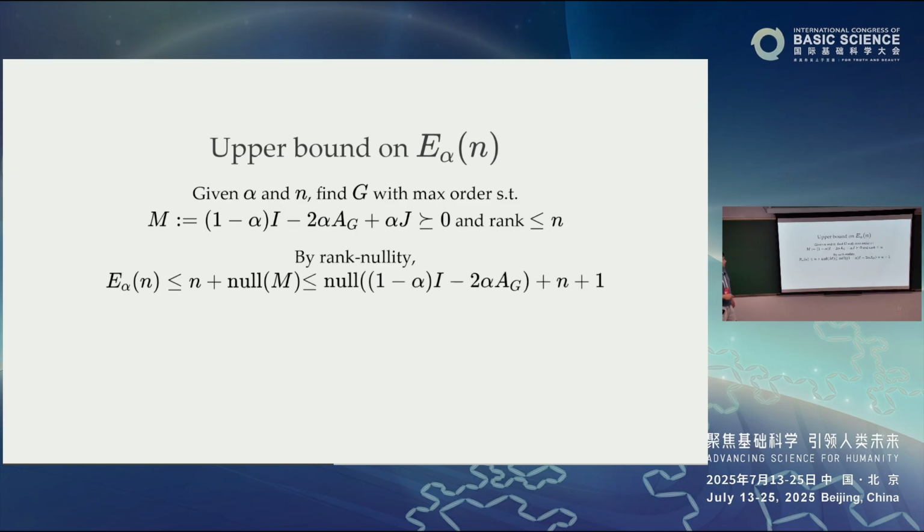Well, the nullity of M is bounded by the nullity of the sum of the first two terms plus 1. So this J only contributes at most 1 to the nullity.